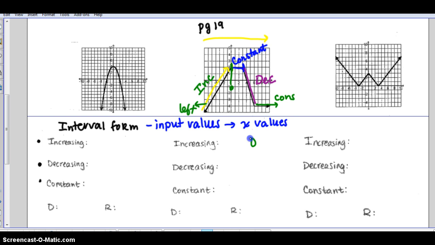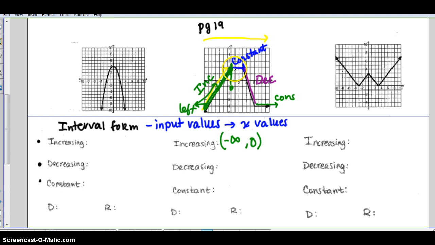So it stops at 0, and we're going to use parentheses for this. So all of these will be parentheses. But the way that we represent that this is from the left forever would be negative infinity. And that's something difficult to understand because it looks like it's going down. But it's because it's coming in from the left.